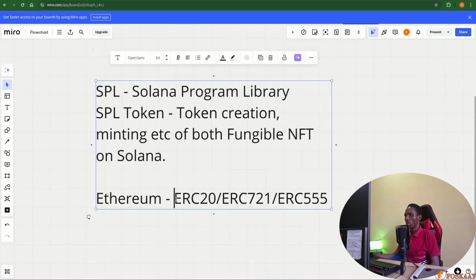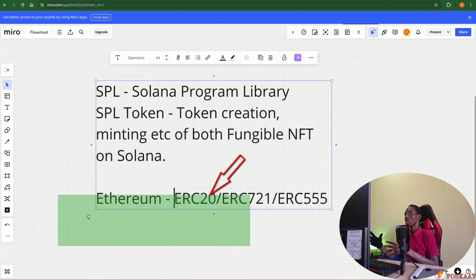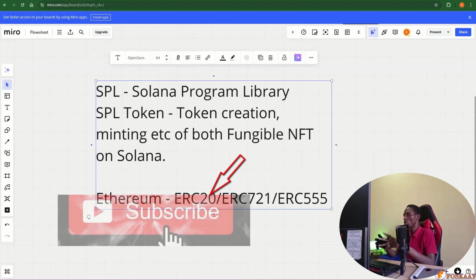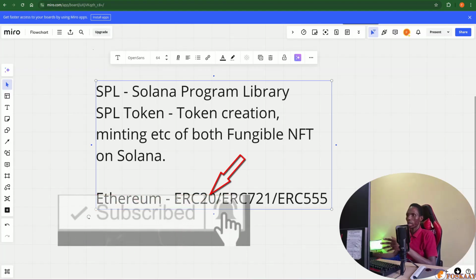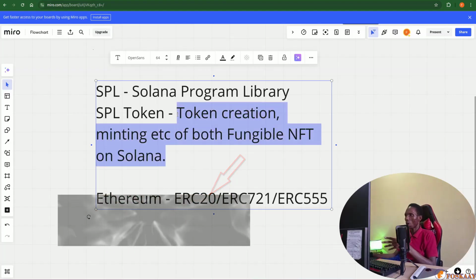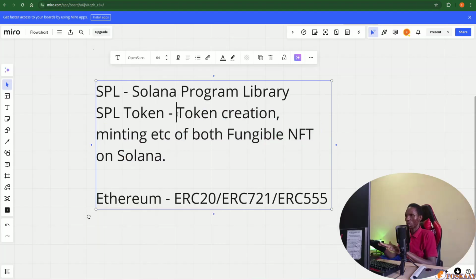Now, in the same way, when you want to launch a token on Ethereum or any EVM, you make use of the ERC20 token standard. But compared to Ethereum, where you have things like OpenZeppelin, which built all those things you need to follow to deploy, Solana already deployed it on their blockchain.